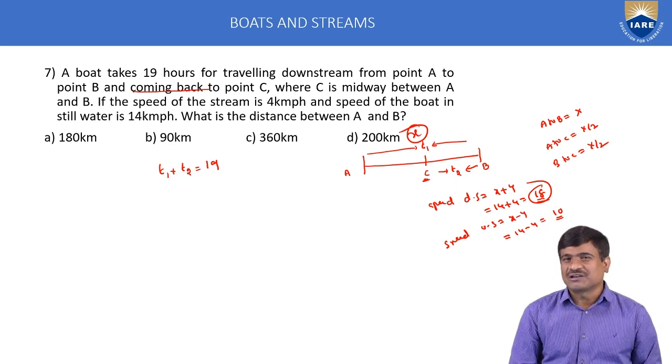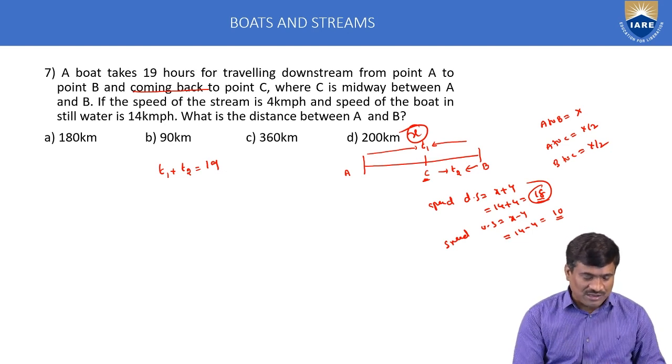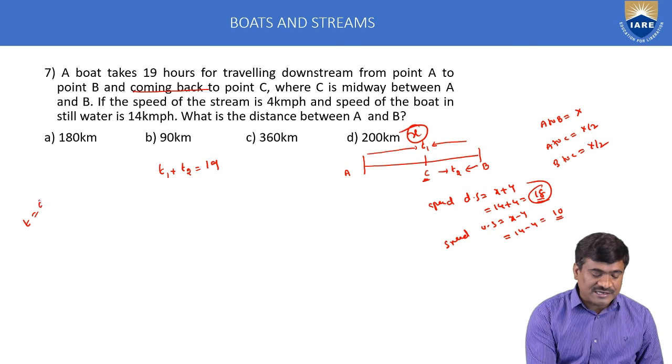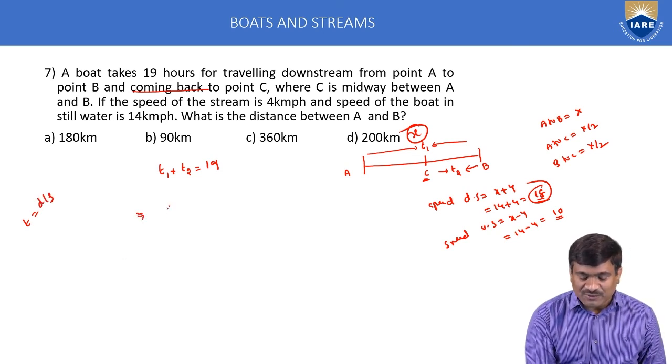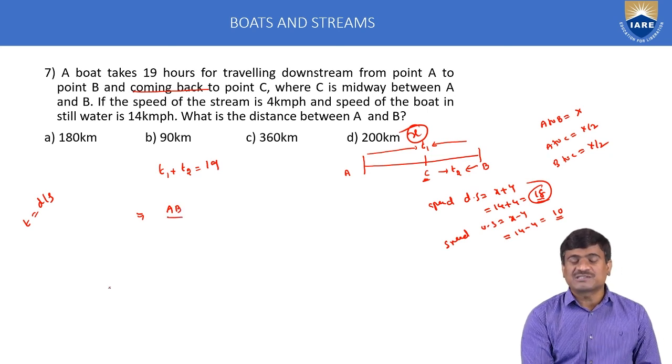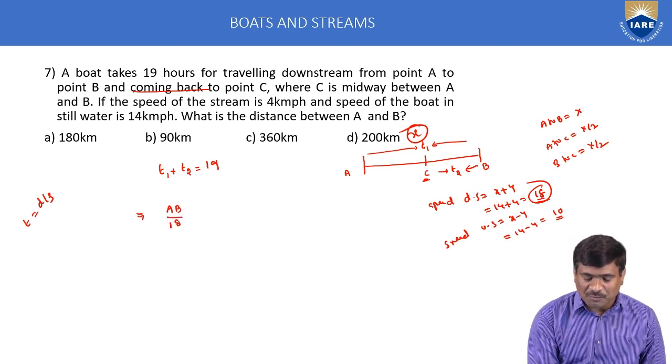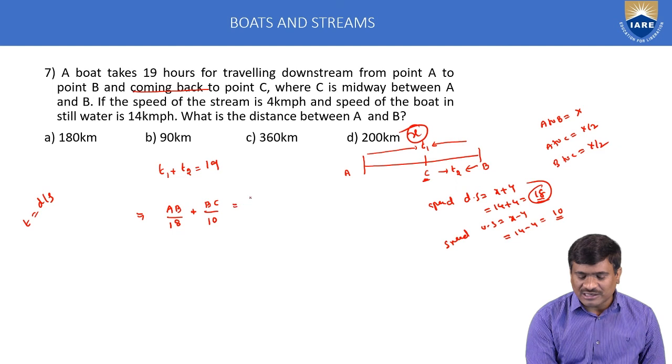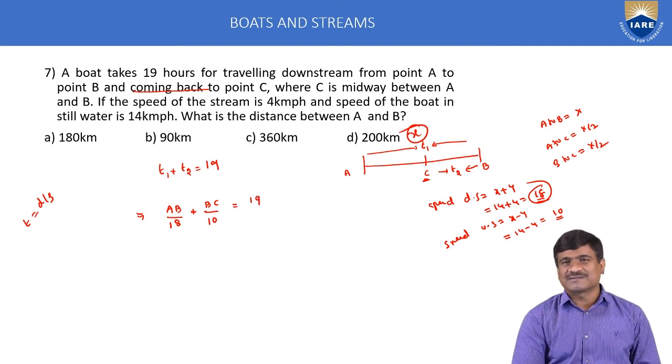Next equation, a total time is 19 hours, T1 plus T2, where time indicates distance by speed. Here calculate only distance, where T1 means A to B distance and speed downstream 18 kilometer per hour. But T2 covers only B to C distance, speed 10 kilometer per hour, is 19 hours.